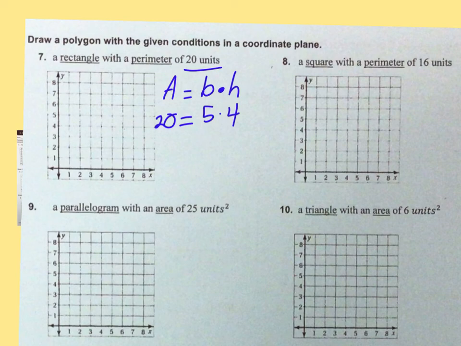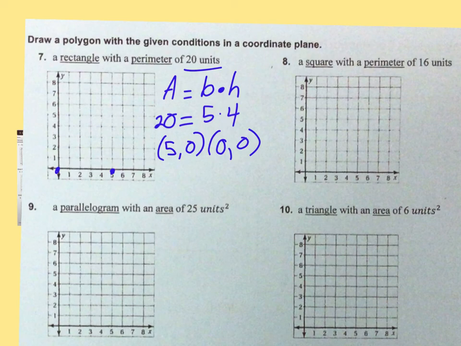Let's just make it really simple. We're going to go over 5, up 0. So 5, comma, 0. Then we're going to go 0, 0. So that would be 5 across, but now we need to go 4 up.